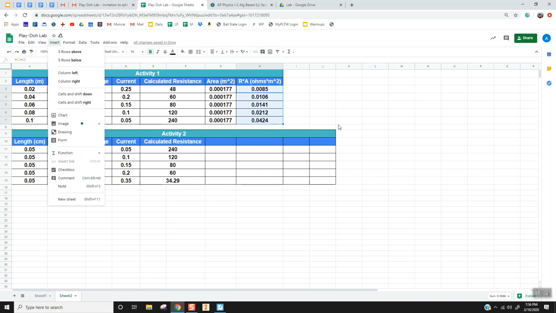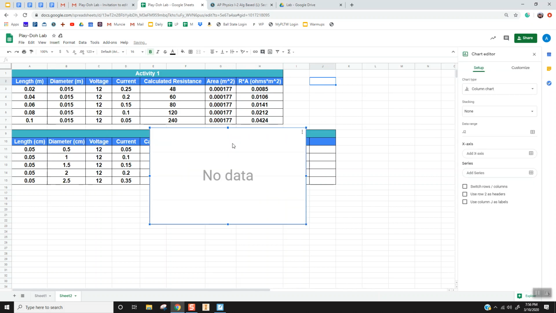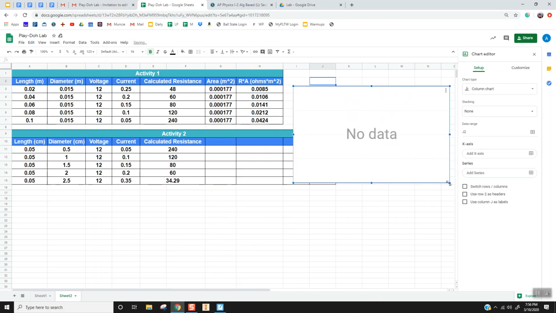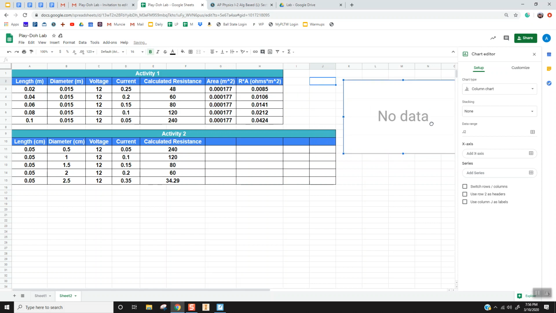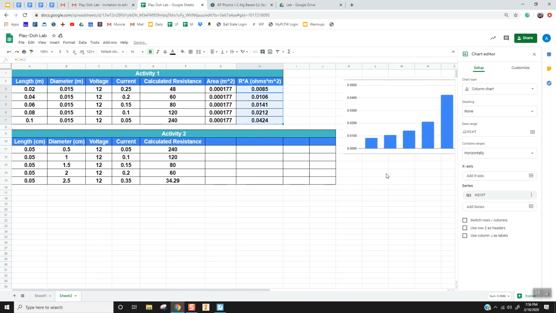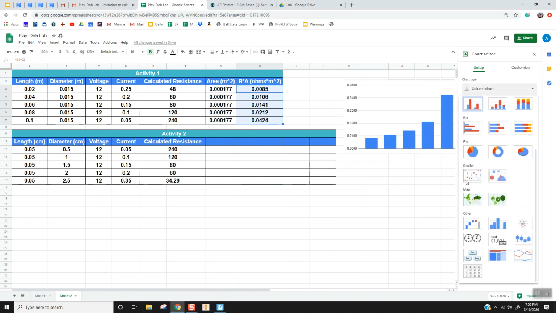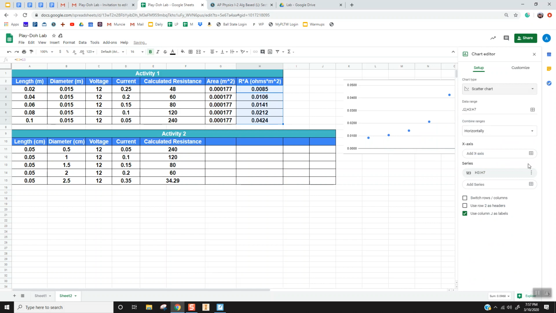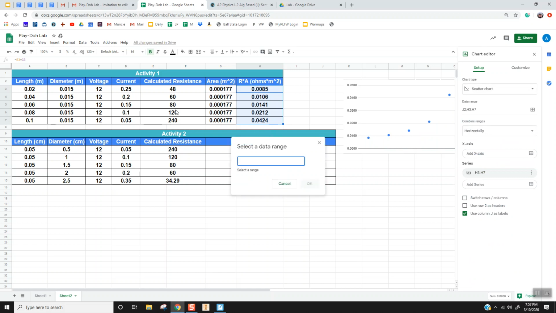So I'm going to insert, make sure I'm not clicking on anything, insert chart. And on my y-axis, because we're going to choose our y-axis data first, just go ahead and highlight those. Click OK. We're going to want a scatter plot. And then on my x-axis, we're going to do, let's see what that was again, length.